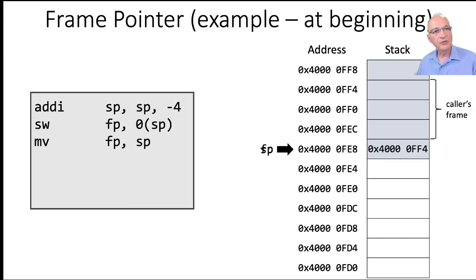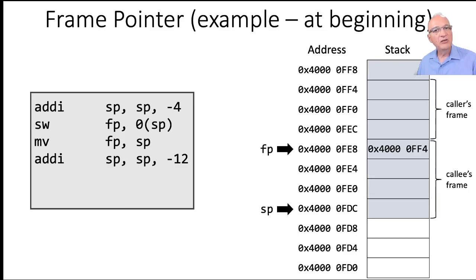So this is my new frame pointer. And now I can move my stack pointer down to create the space that I need for the callee's frame. And all the accesses that will happen in this code will be in relation to the frame pointer, never in relation to the stack pointer.